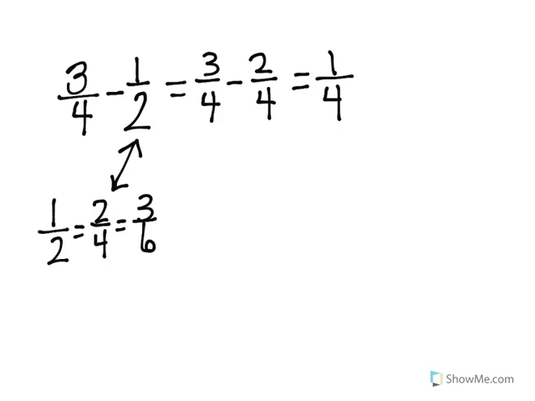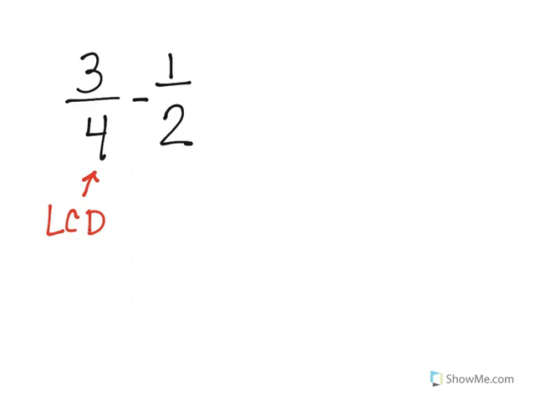We can go through, you can make those equivalent fractions. Let's do the same thing, looking for the least common denominator. So I'm going to do 3/4 minus 1/2 again. 3/4 minus 1/2. And we're going to look for that least common denominator that your two denominators have in common.